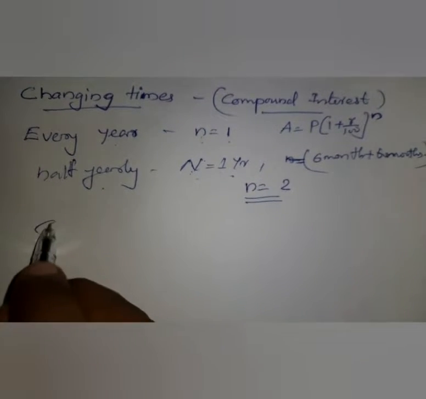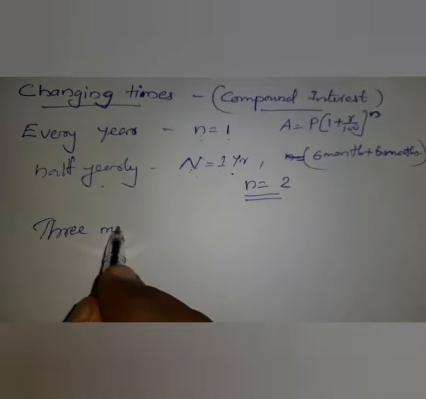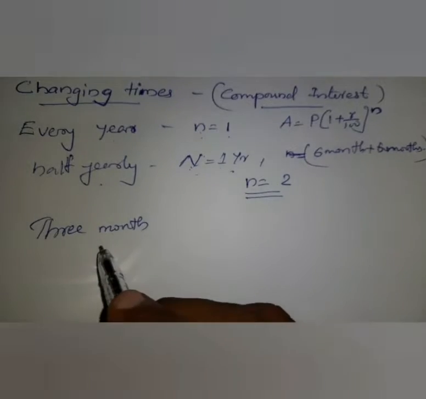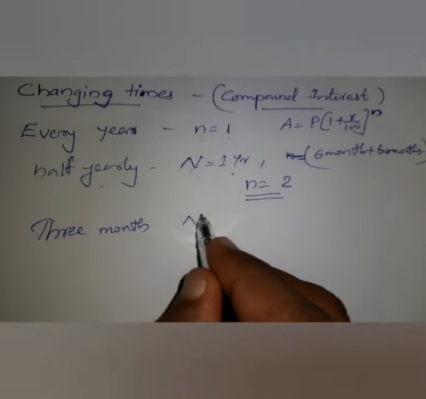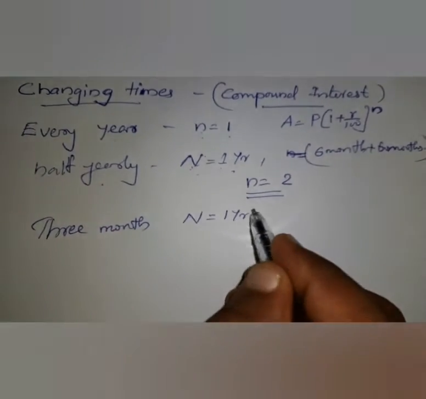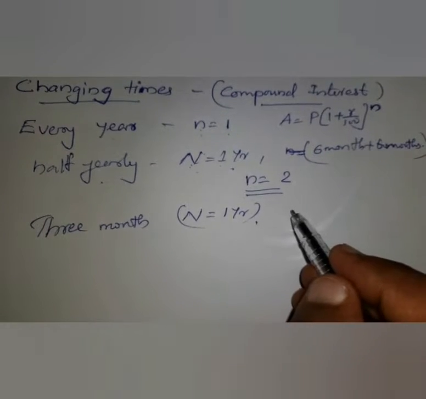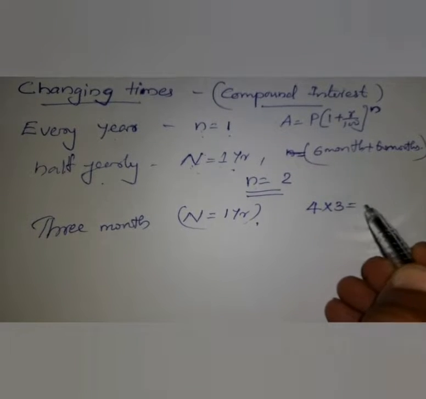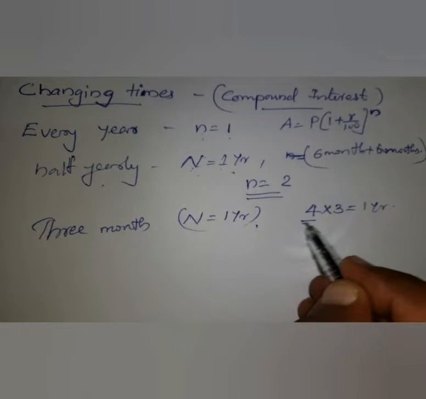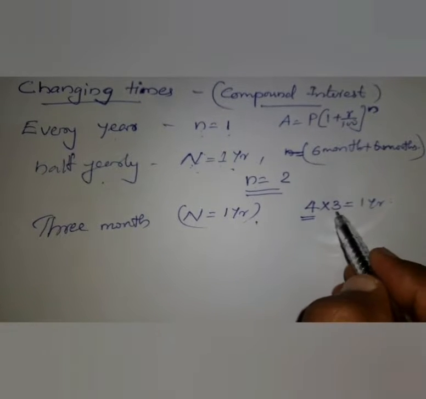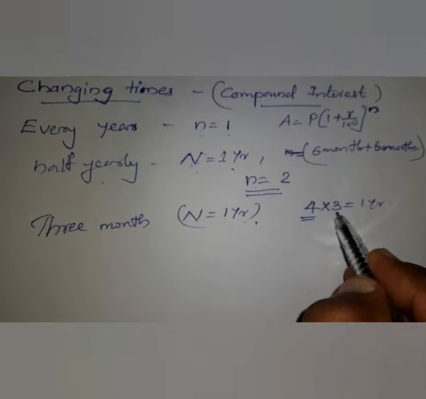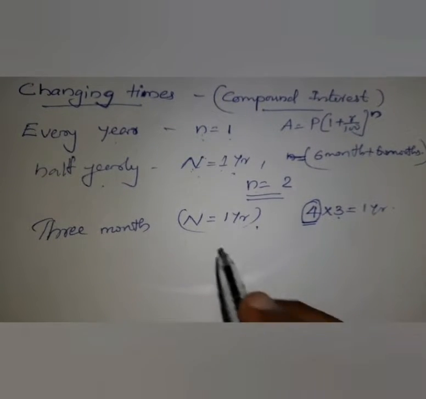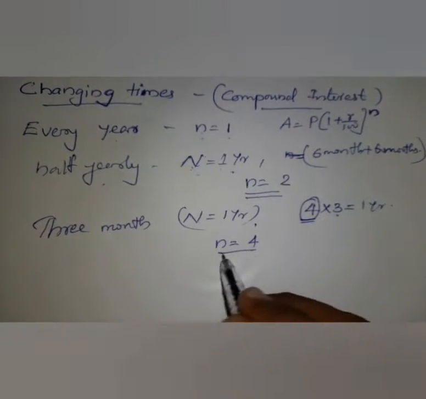Then if the compound interest is calculated every 3 months, for 1 year, every 3 months it is calculating, so 4 times a year. So here n is equal to 4.